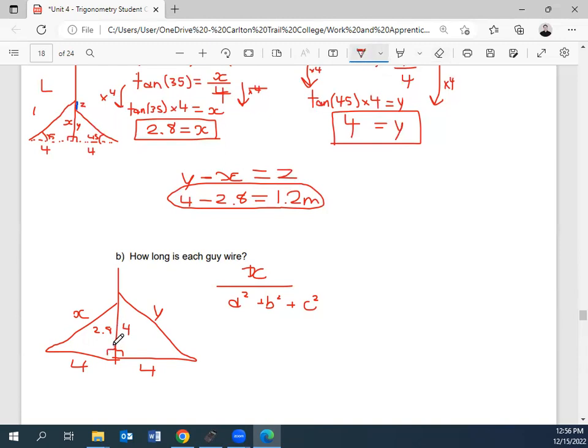The height is 2.8, sorry, it's kind of messy there. The hypotenuse is always opposite the right angle, which is that little square. So C is going to be X, which means the other two are A and B.